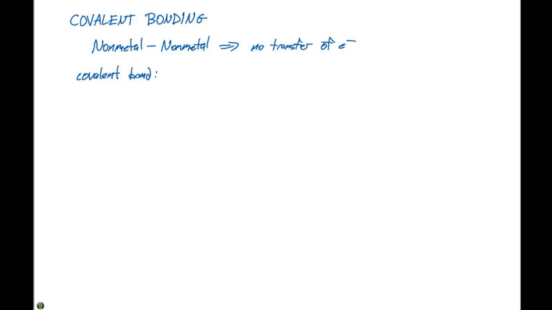And a covalent bond can be defined as the force that links nonmetals together in molecules.